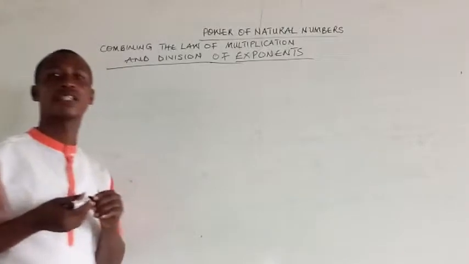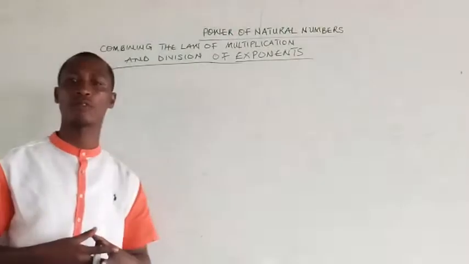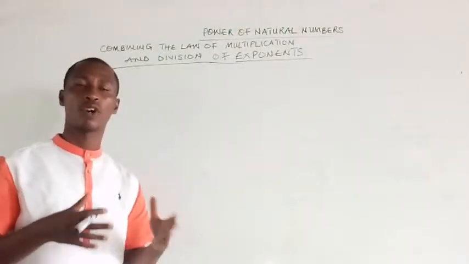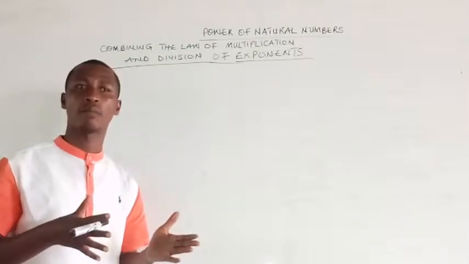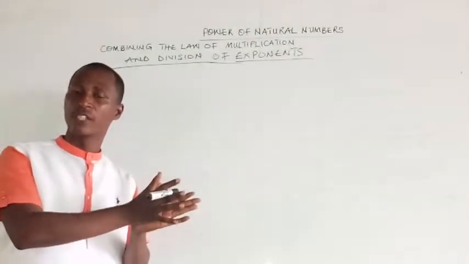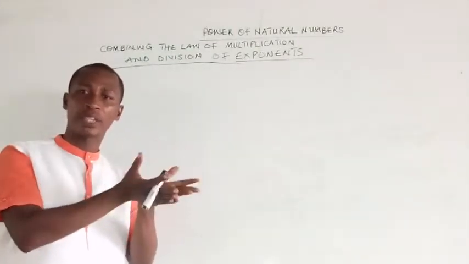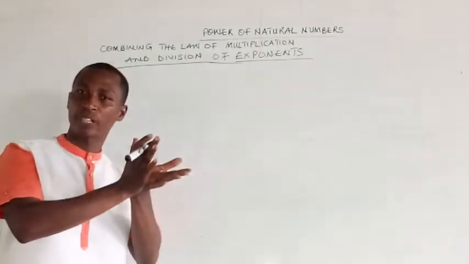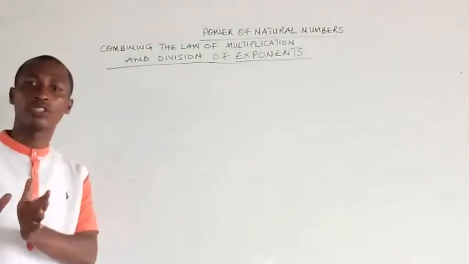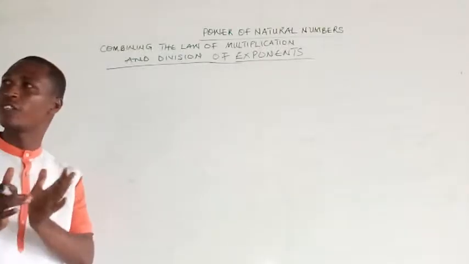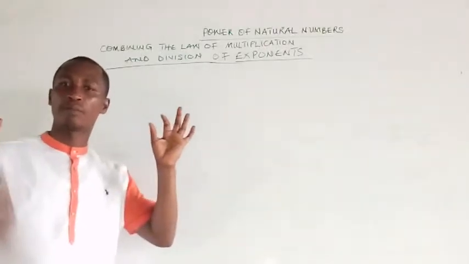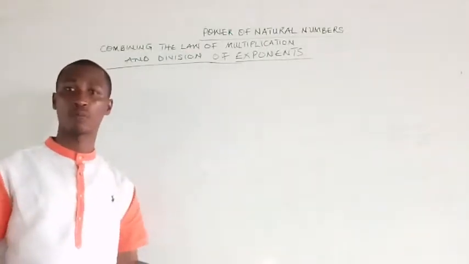In situations like this, you don't have to get yourself confused. You have to apply both laws separately. You work all the multiplication using the law of multiplication and all the division using the law of division. When you finish, you combine the multiplication and division to get the answer.